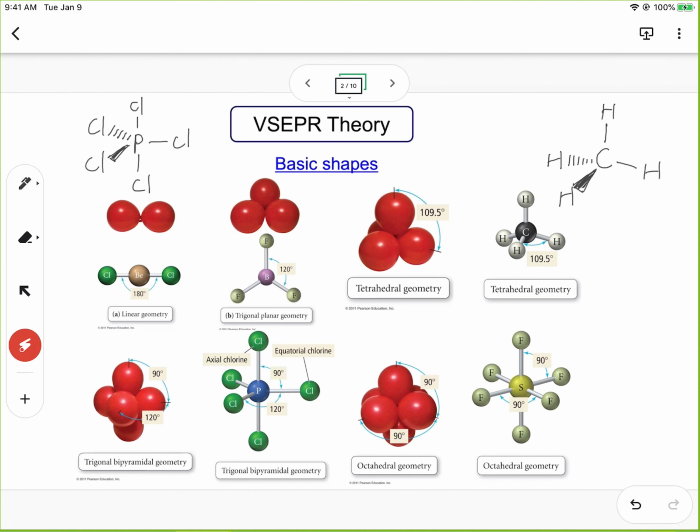Now how do we draw the three-dimensional geometry of octahedral on a piece of paper? Well, here it is. You have sulfur, fluorine, fluorine. These 3 atoms are inside the screen, and then this fluorine here would be below the screen, so we use a dashed wedge.